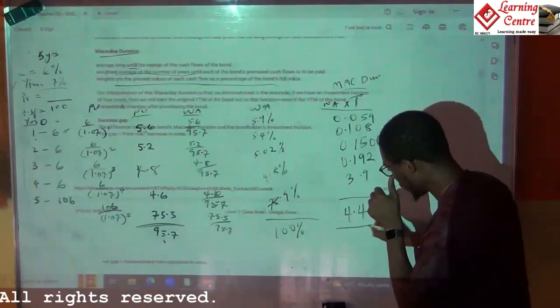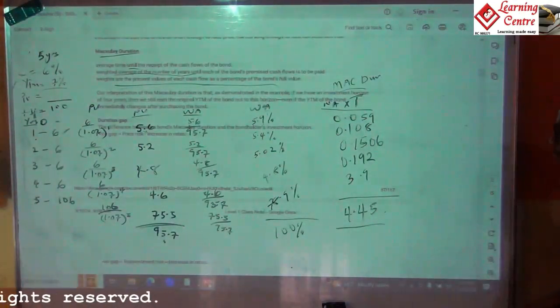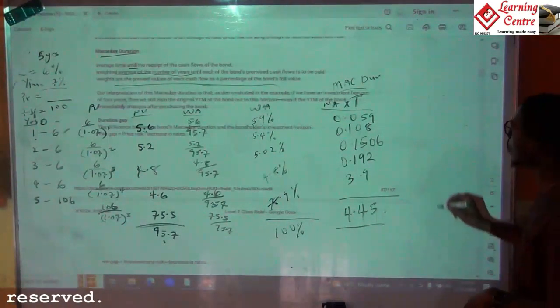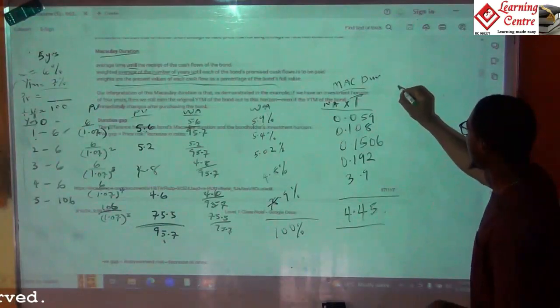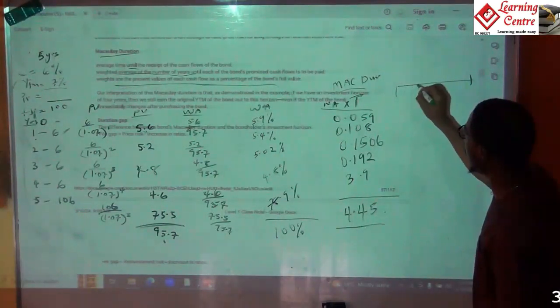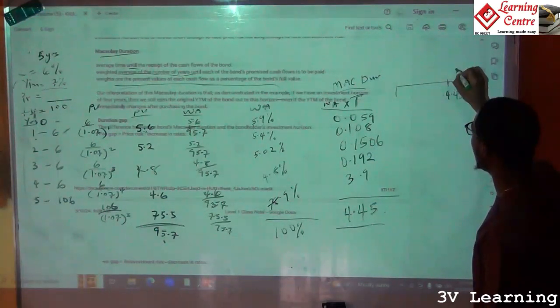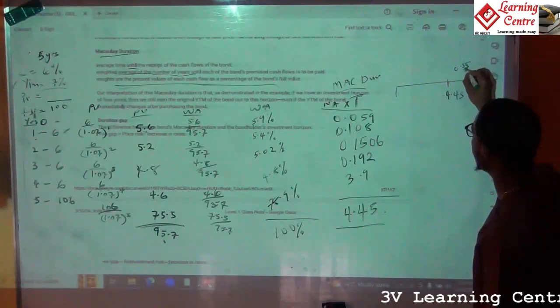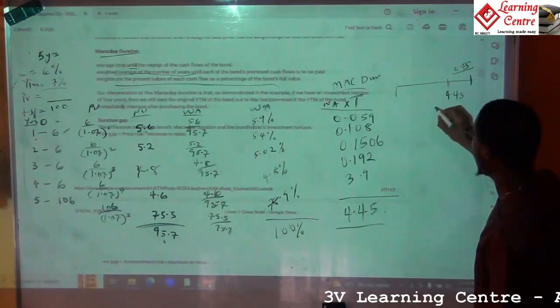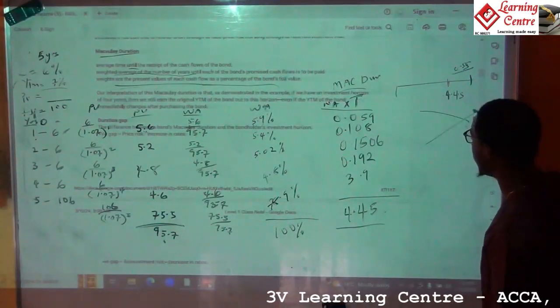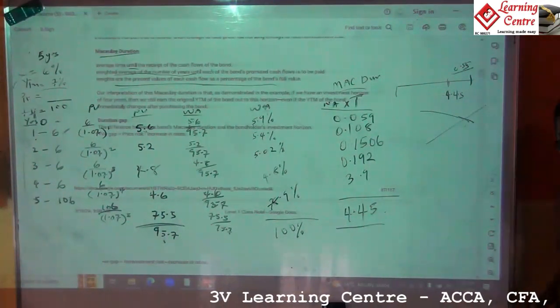So let us test this. We have agreed that this market duration is telling me that if I sell my bond at year 4.45, when I will have 0.55 to maturity, I'm balanced whatever the yield curve will be doing.